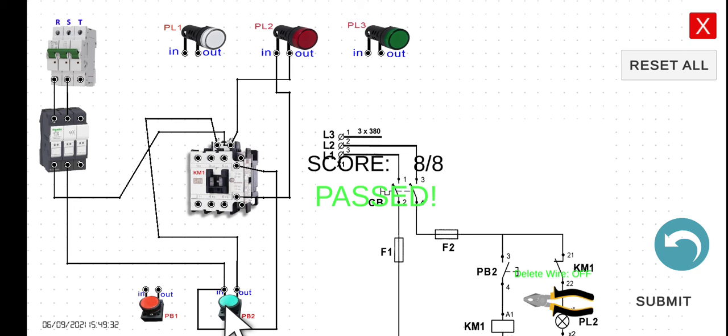If we release this one, this magnetic contactor will return to its original de-energized state, hence the normally closed contact will return to normally closed, and the PL2 will be turned on. Click again, off. Release, on. Okay, so see you in the next lecture.